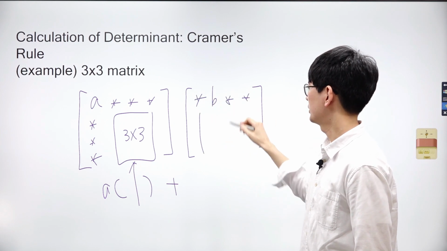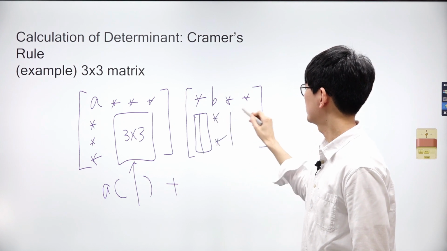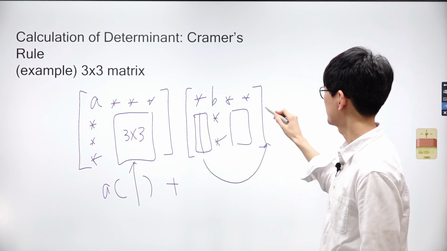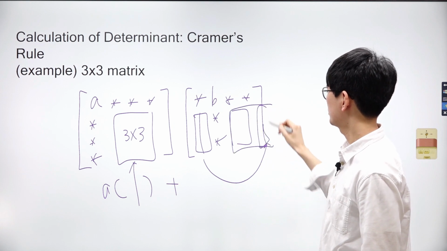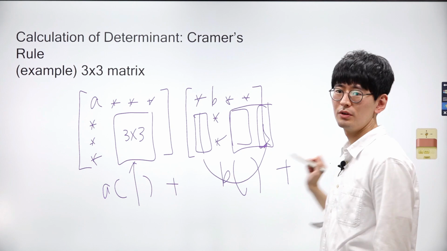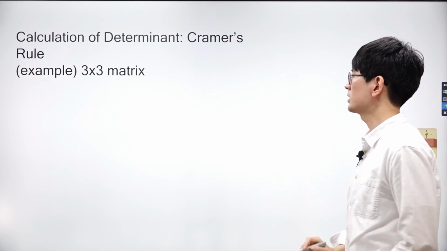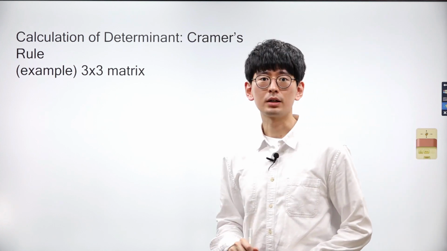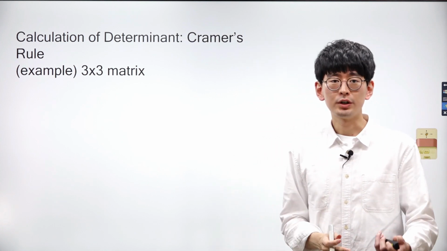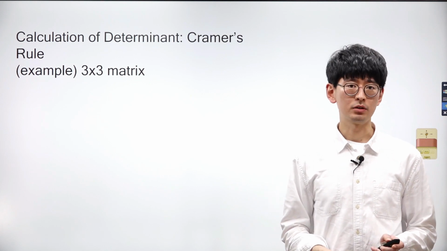The remaining 3x3 matrix can be constructed like this. Then we multiply B by the determinant of the 3x3 matrix. This process is repeated for each column, and the results are summed up. In most cases, you don't need to perform this calculation by hand, so it's more important to understand the process rather than memorize it for practical applications.